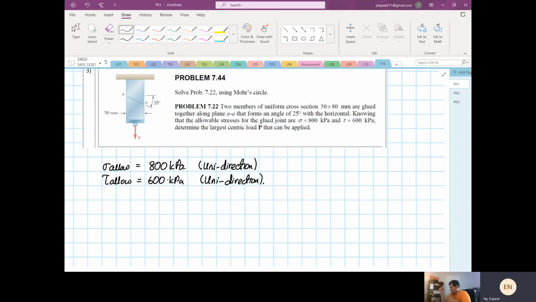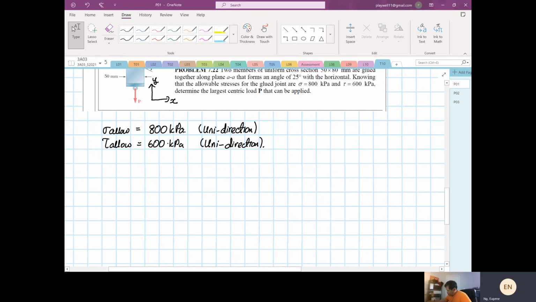So from here, let's see what information we are given. So we draw our transformation. So this is our x, y. So we draw our first orientation.